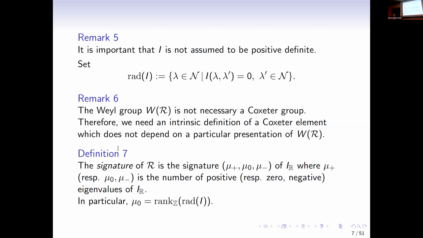And also the point is that this radical is not necessarily a constant. And because I is not necessarily positive definite, we can consider the signature. And I denote it by mu plus, mu 0, and mu minus. And mu 0 is nothing but the rank of the radical.